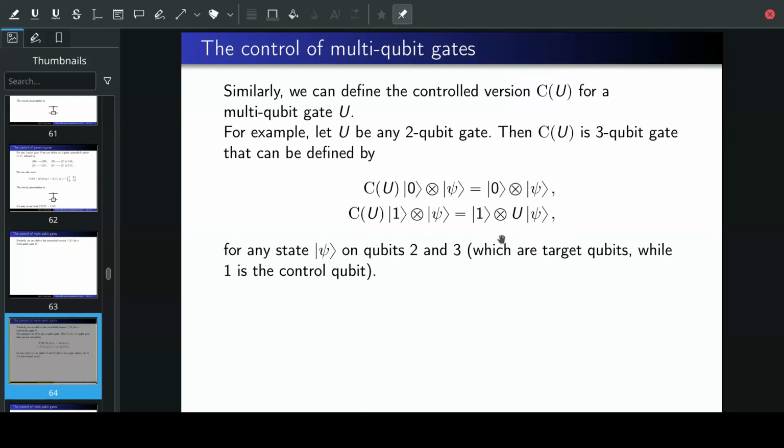Again, we call the first qubit the control qubit, and the last two qubits, 2 and 3, are the target qubits. And we draw it as the following circuit.